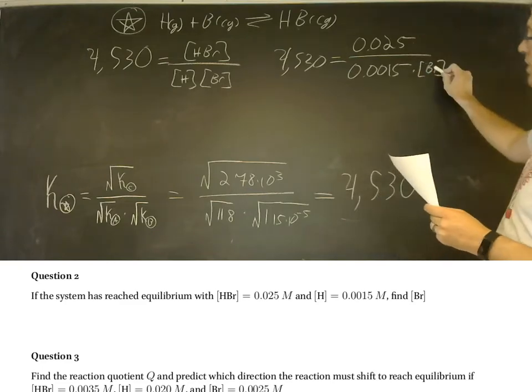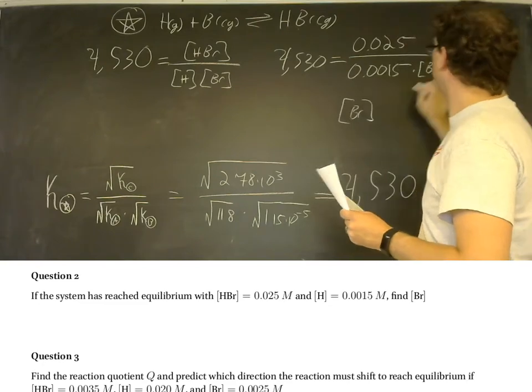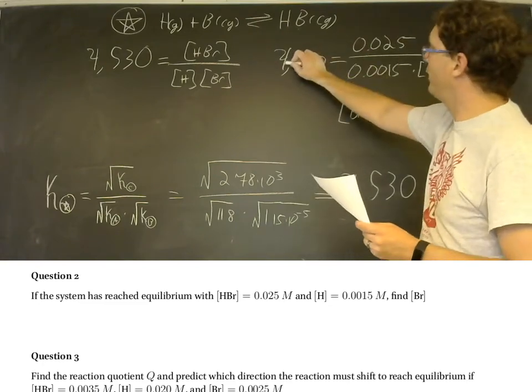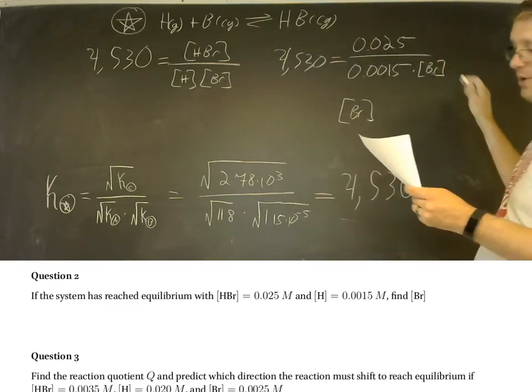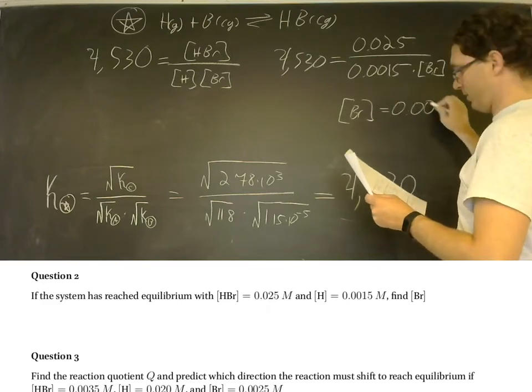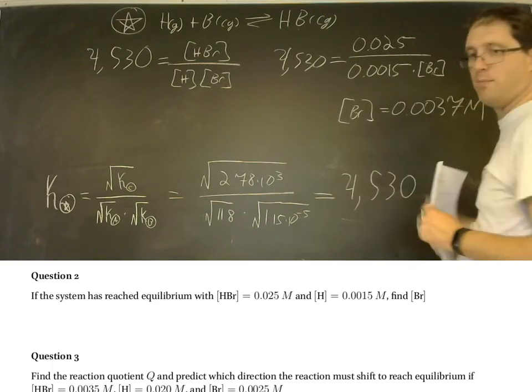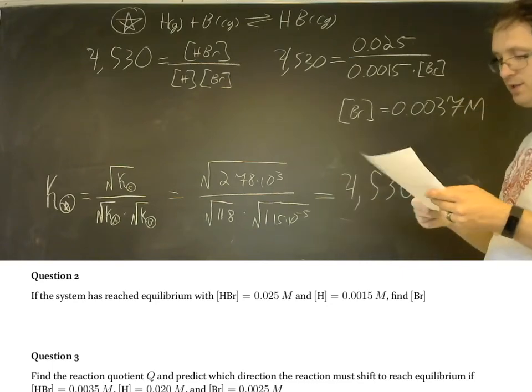Now we just solve for that Br concentration. Multiply it over here, then divide by the 4,530 on this side, and you end up with 0.0037 molar. That is the concentration of Br.